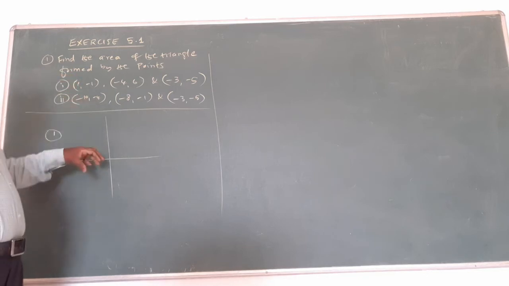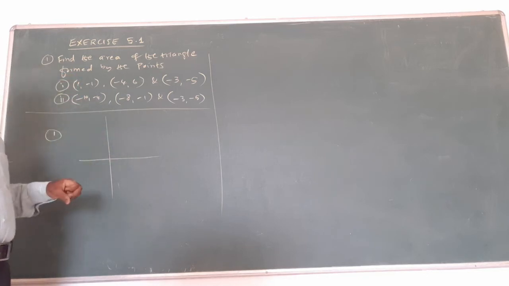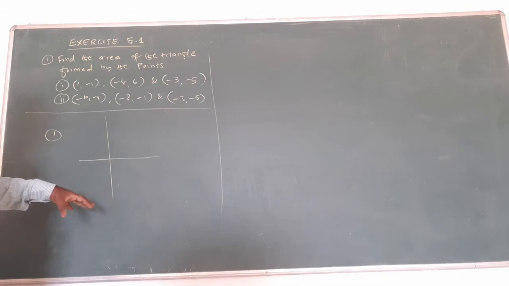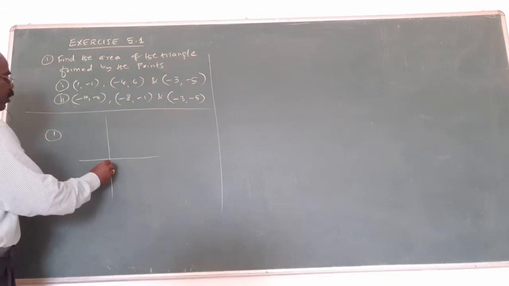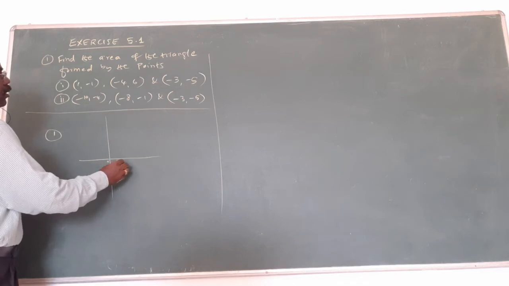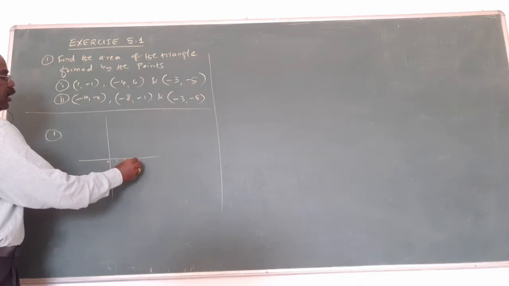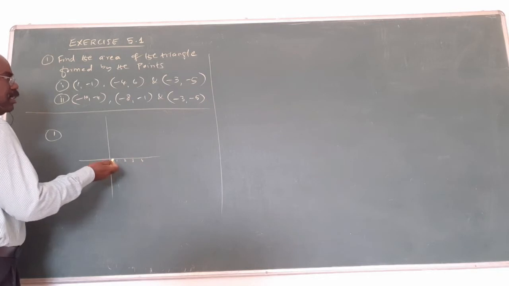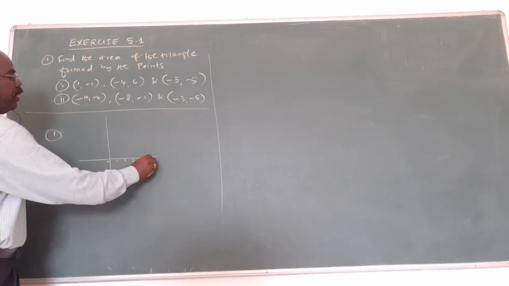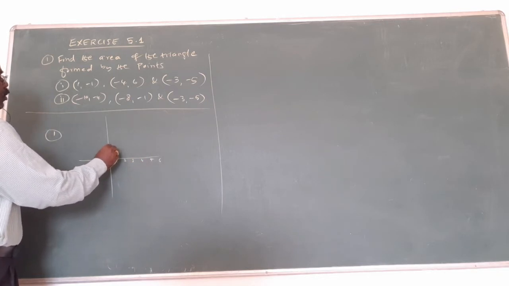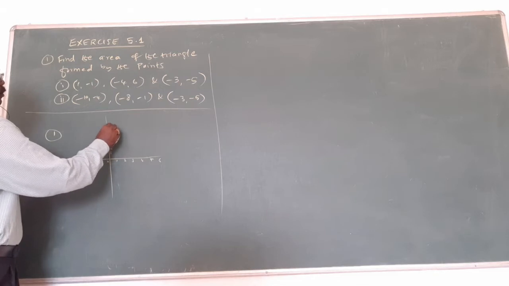First plot the points on a rough graph, without any measurement, just draw the diagram approximately. Here 0. Am I right? 1, 2, 3, 4, 5, 6, 7. Here also 1 to 7.